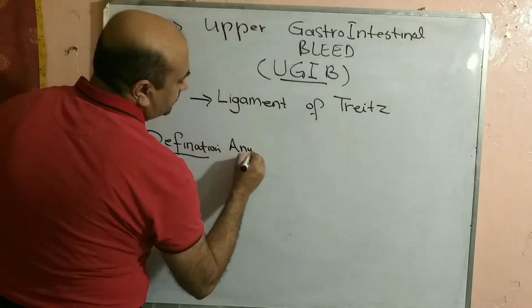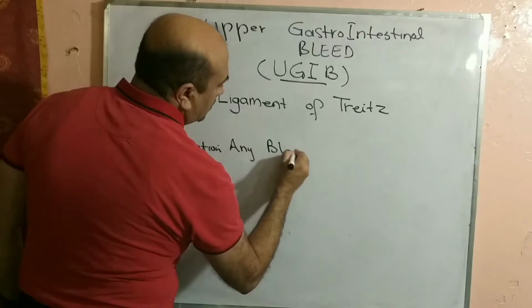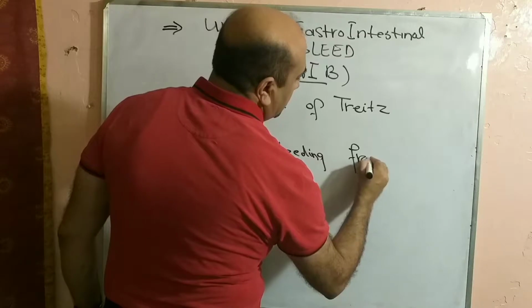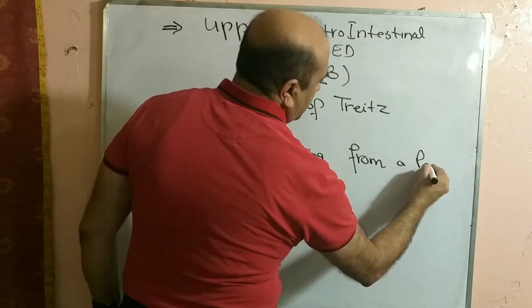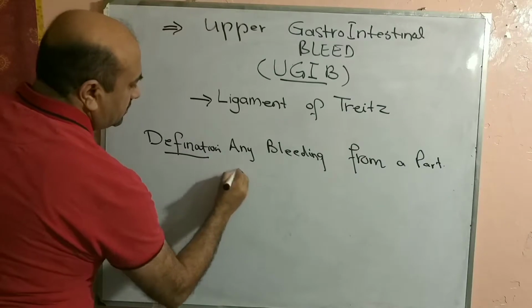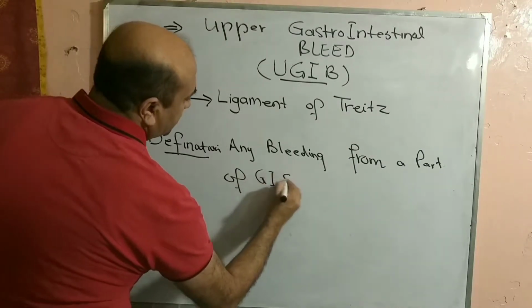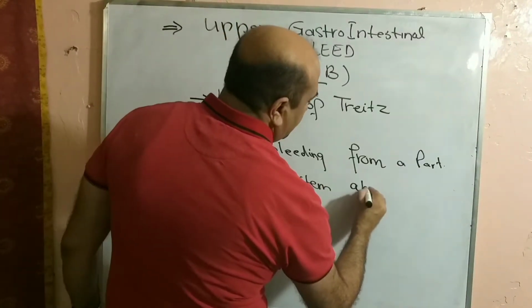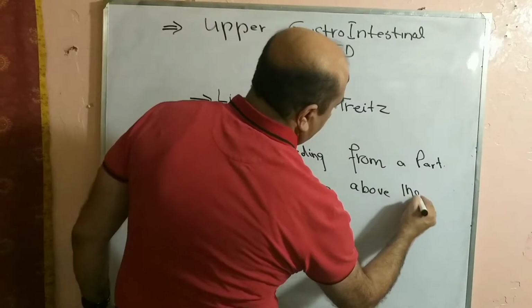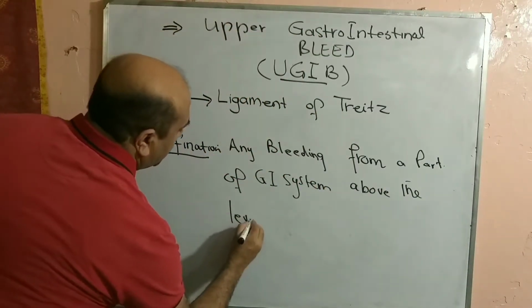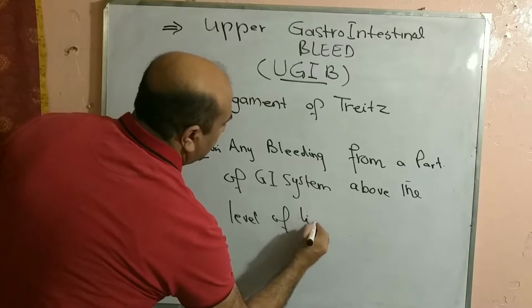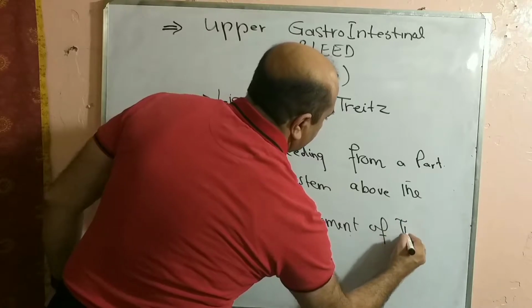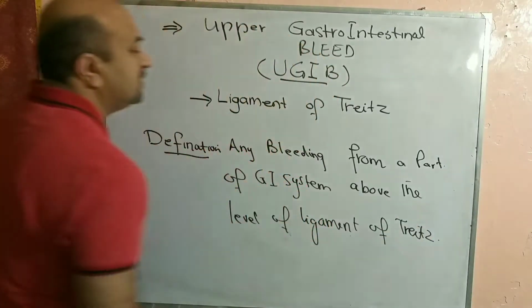Any bleeding from a part of the gastrointestinal system above the level of the ligament of Treitz is known as upper GI bleed.